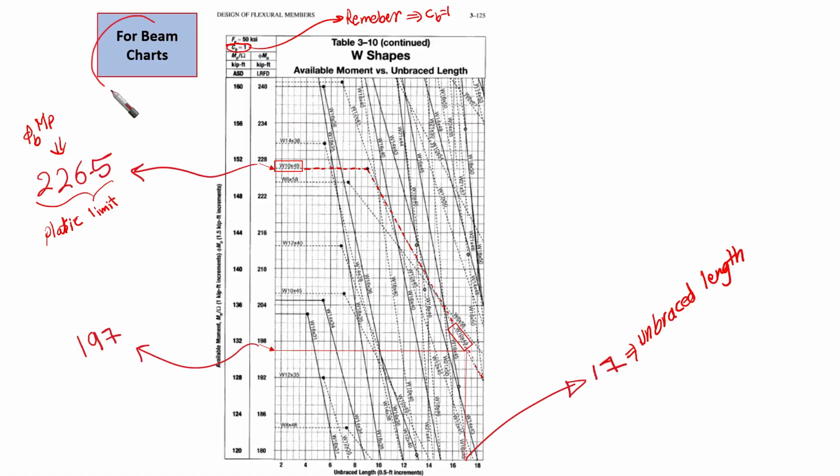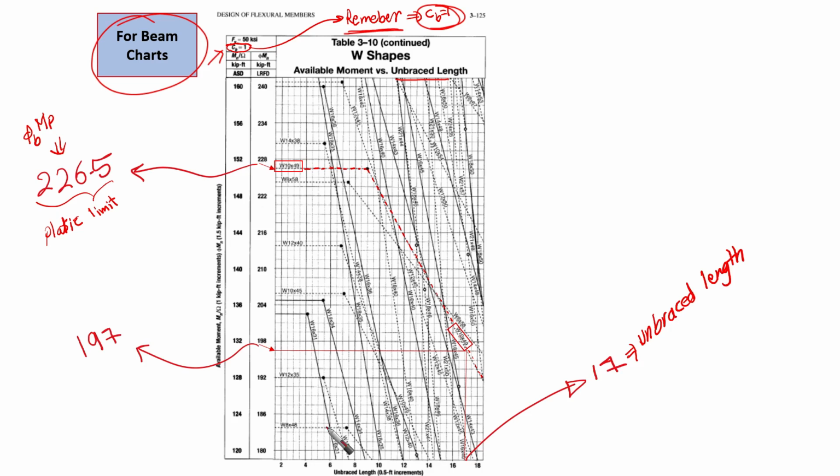This is the table from beam charts, table 3-10, wide flange shapes, available moment versus unbraced length. Take care here, we are having C_b equal to 1. Remember, C_b equal to 1. We're not talking about anything else. All charts, C_b equal to 1.